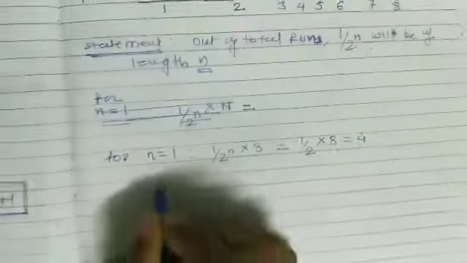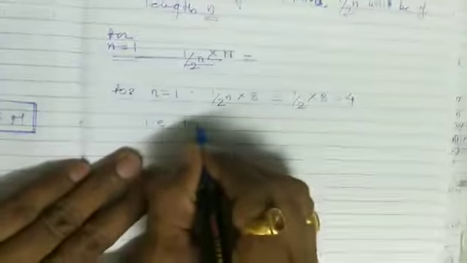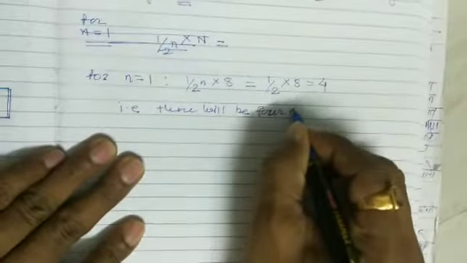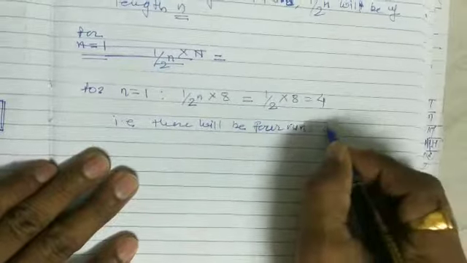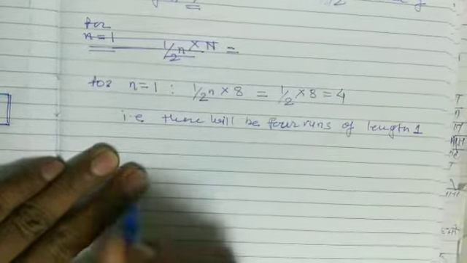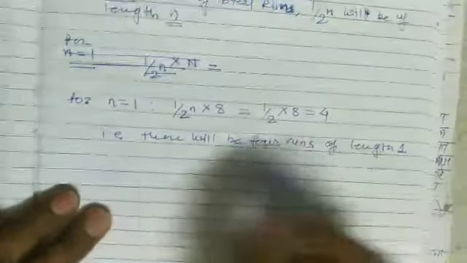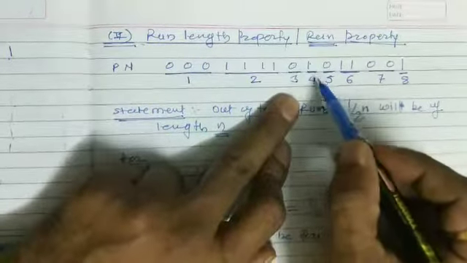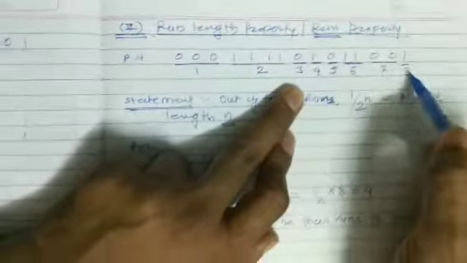That means there will be 4 runs of length 1. If we see the PN sequence over here, the single 0s and single 1s, if we count, are run number 3, run number 4, run number 5 and run number 8.